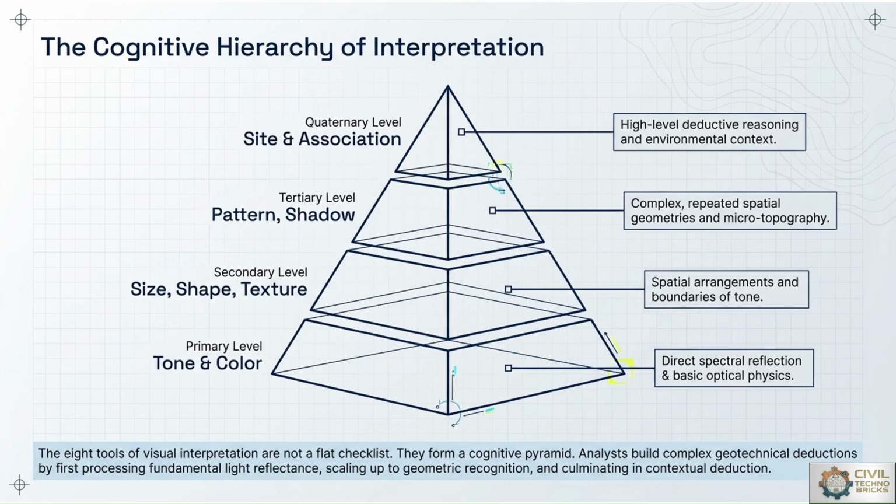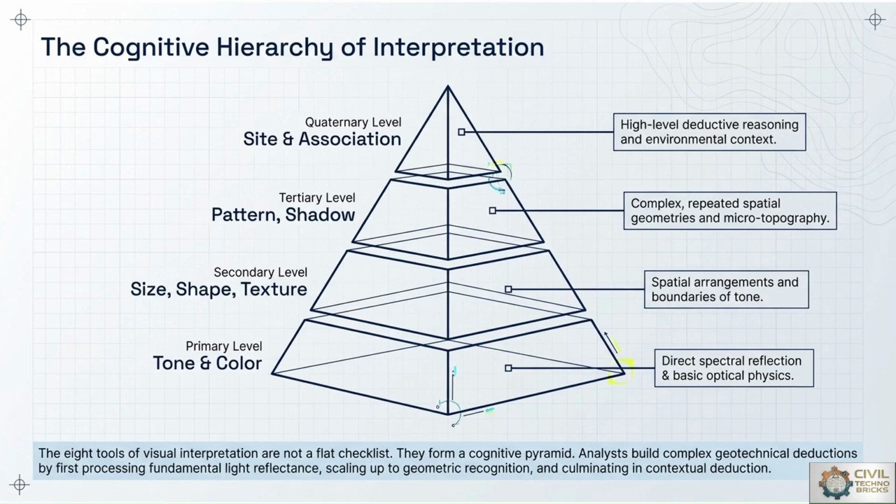The second one will be the tertiary level, which is based on pattern and shadow. That is the complex level, where repeated spatial geometrics and micro topography take place. Third from the top is the secondary level, that is size, shape, texture, where spatial arrangements and boundaries of tone are seen in the picture.